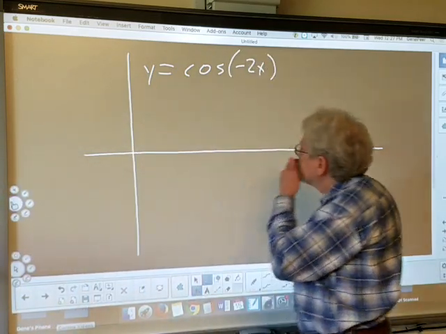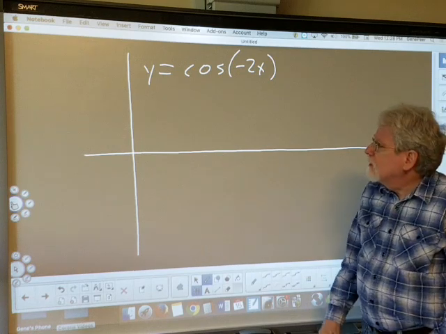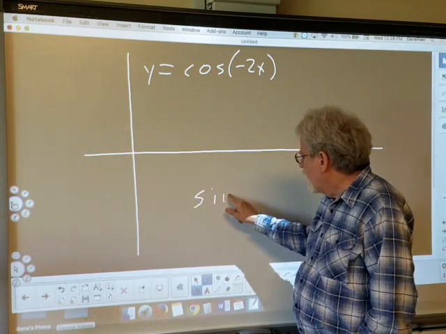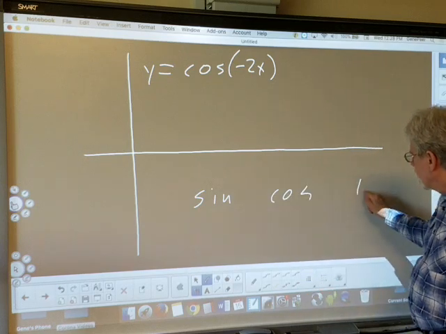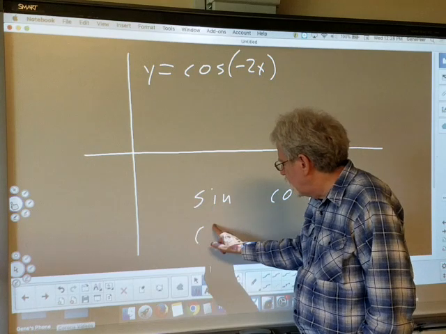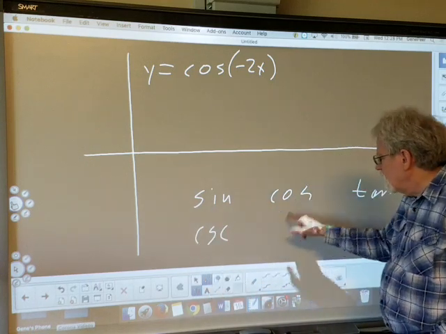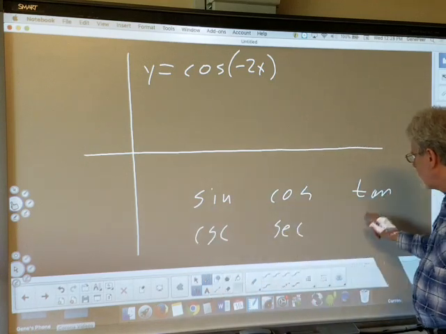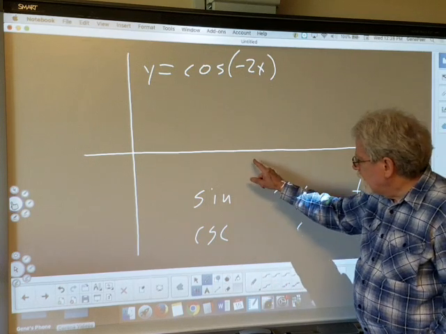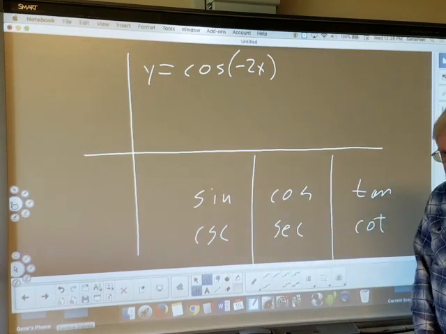Now remember, from way back, we had a rule: if we lay out the functions, sine, cosine, tangent, and then their reciprocals, reciprocal sine being cosecant, reciprocal cosine being secant, reciprocal tangent being cotangent, you will hopefully recall that we split it up like this.